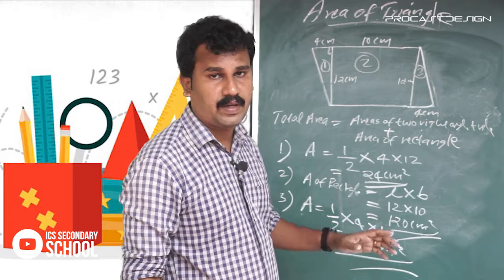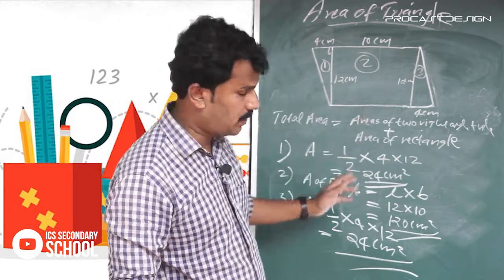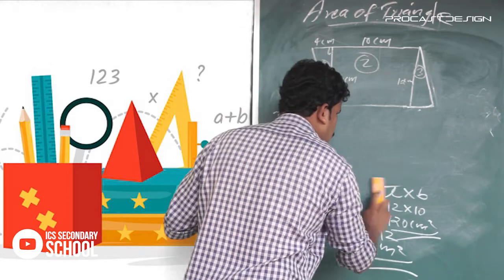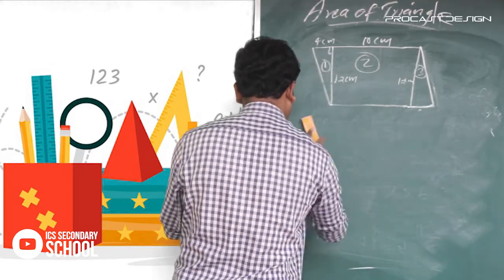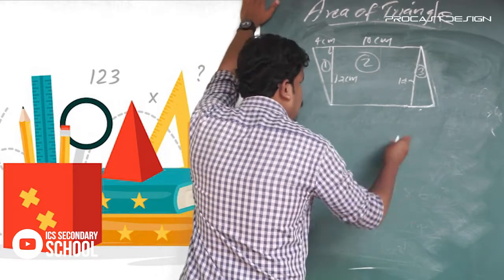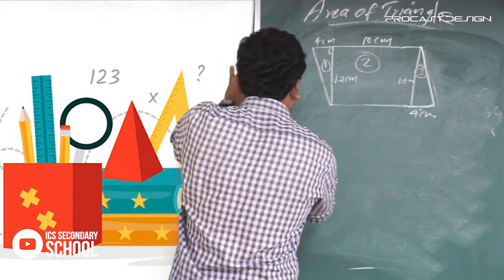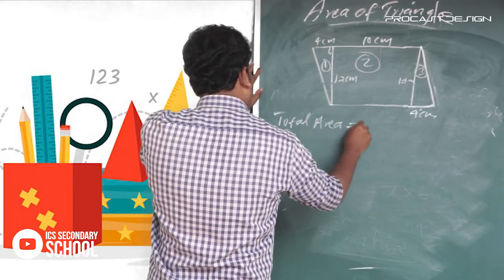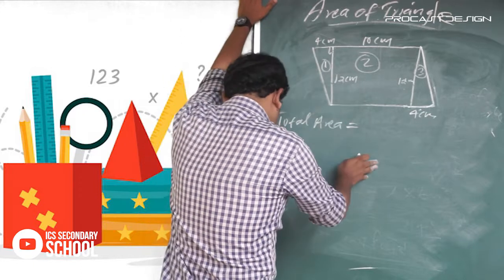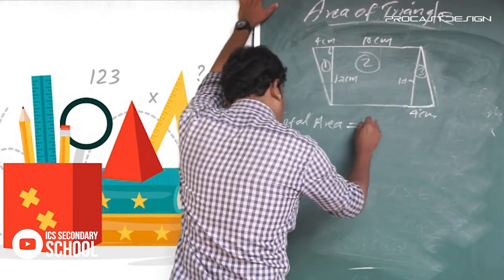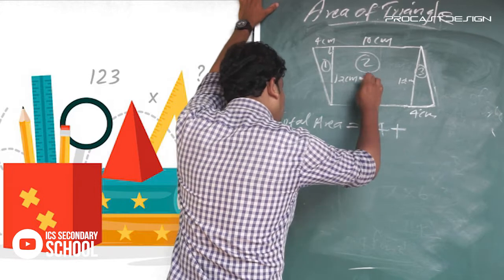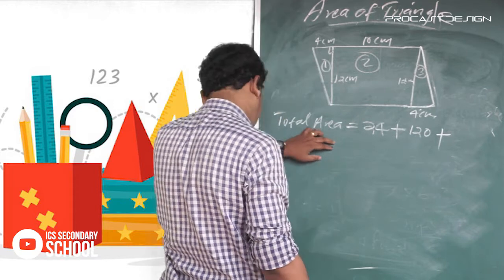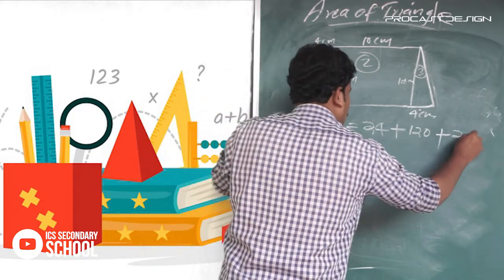So next we calculate the total area of this figure. Total area. The area of the first right angle triangle we got is 24, plus the area of the rectangle we got is 120, then again the area of the right angle triangle we got is 24.